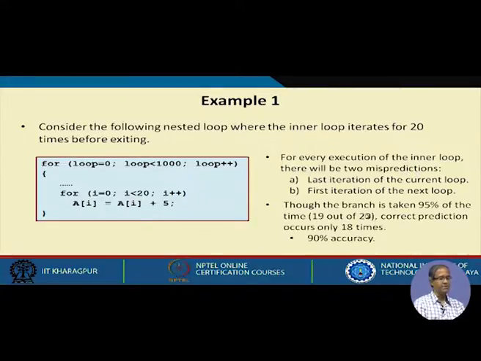Though this branch is taken 95% of the time, in reality 19 times it is taken, one time it is not taken, but this one bit prediction scheme provides correct prediction 18 times and twice it is mispredicting. So, it is having 90% accuracy, right. This is one drawback of this one bit prediction scheme.